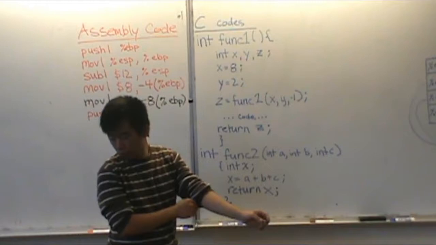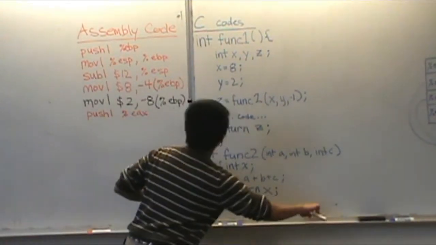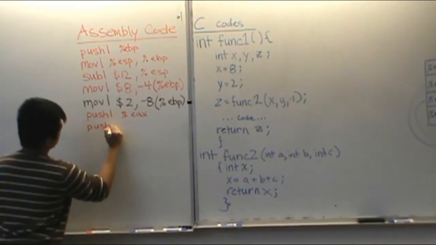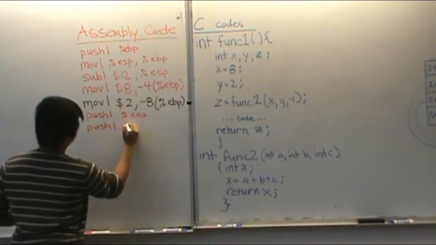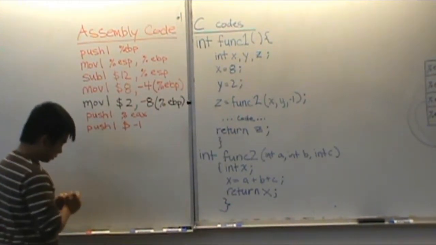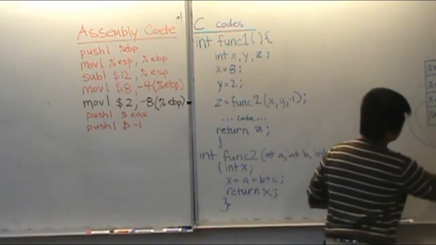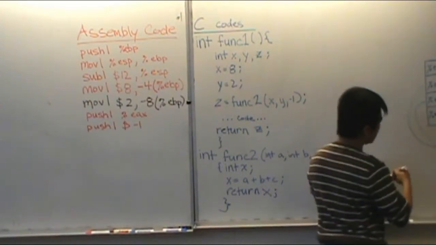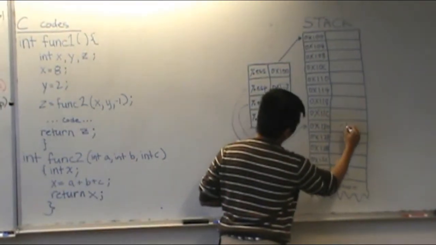So the first one, we use pushl $-1. This will change the ESP again every time you push. It will decrement the ESP down to 120, and then -1 will be stored here.